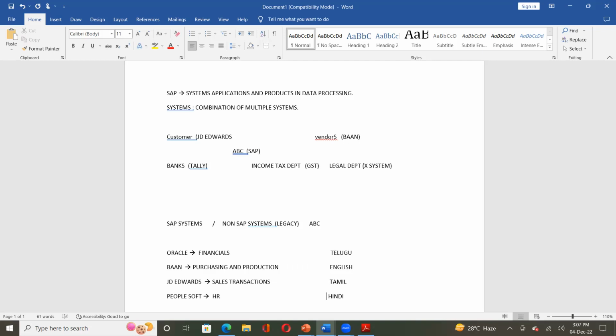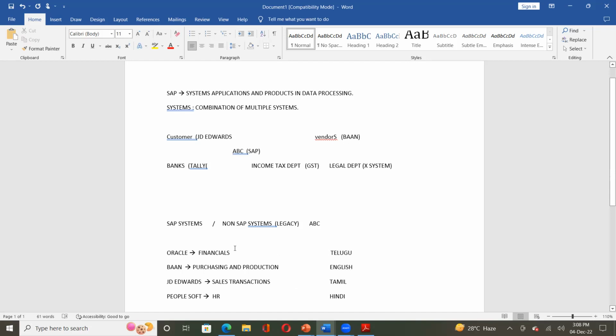So what would be the problem? All are working for one organization under one roof. The communication between the departments would be very difficult. All are interdependent transactions. One department needs to depend on the purchasing department, the purchasing department needs to depend on the sales department, and all three departments need to depend on the HR department.